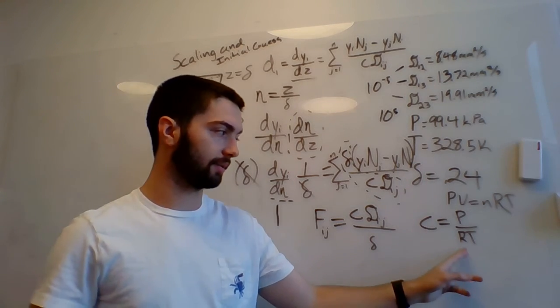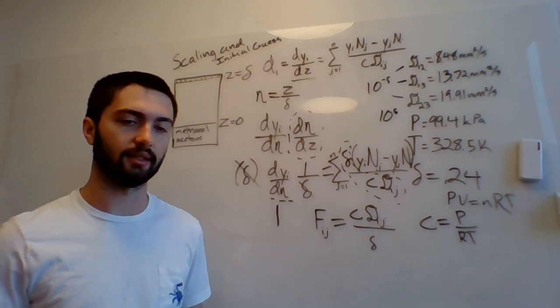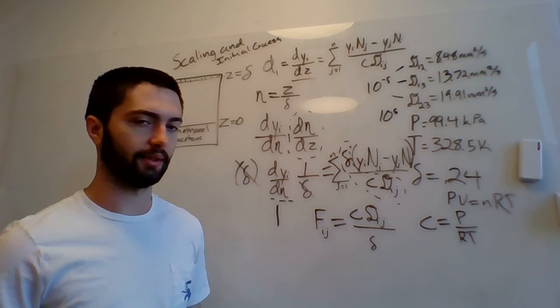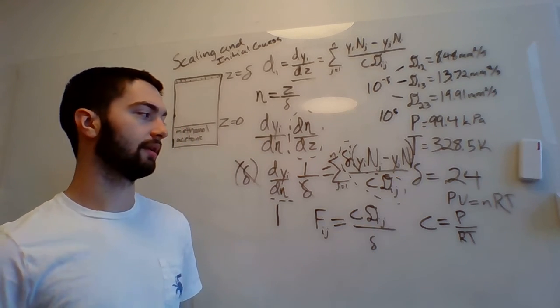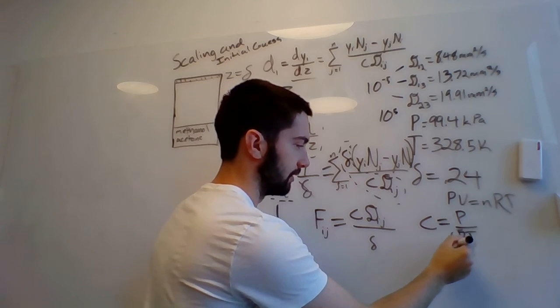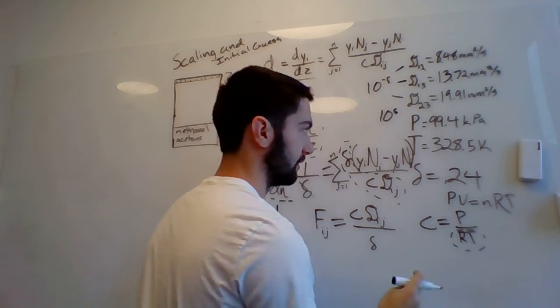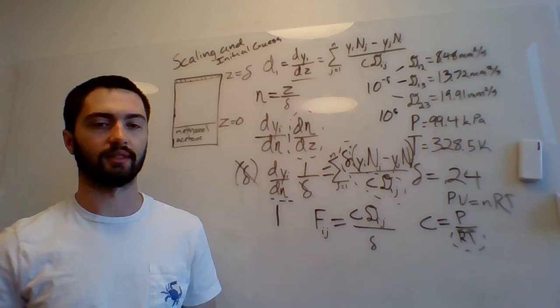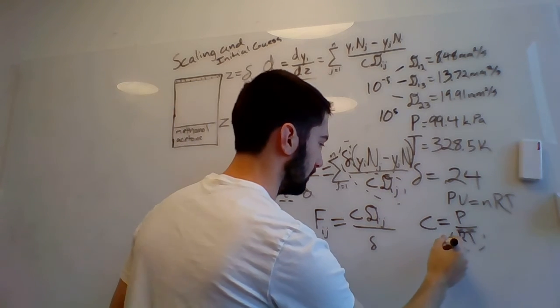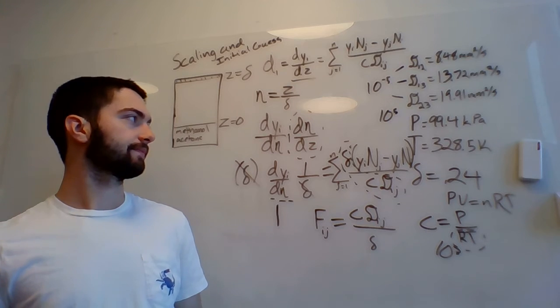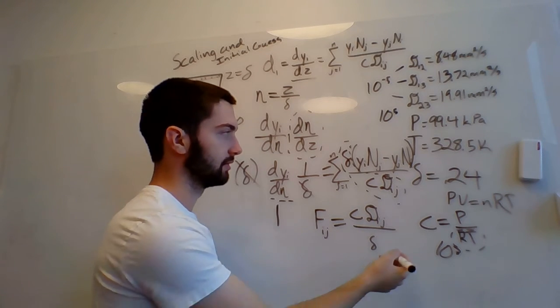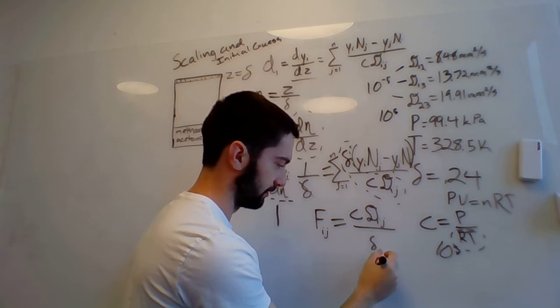And then R times T, since the ideal gas constant is 8.314 and temperature is given to be 328, this ideal gas constant times temperature is going to be 10 to the 3rd. And then delta is obviously an order of magnitude of 1.